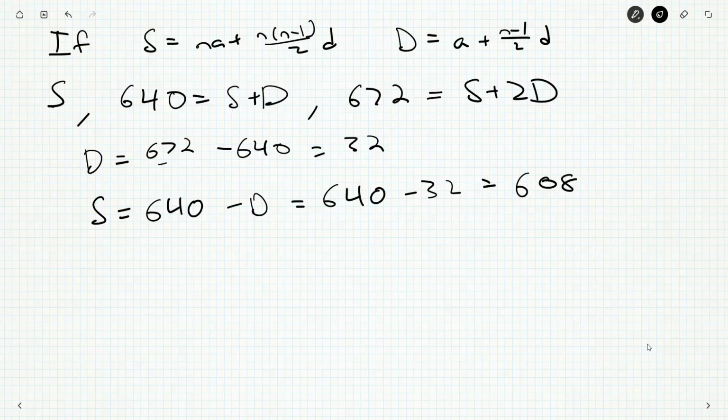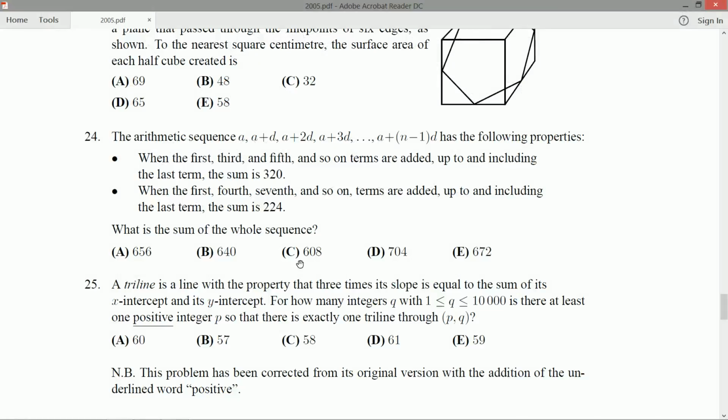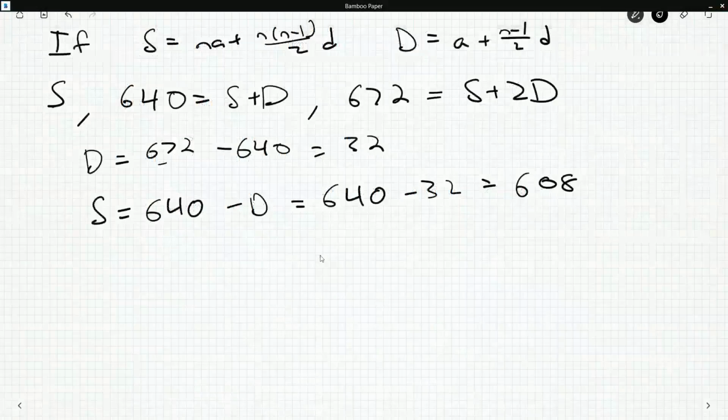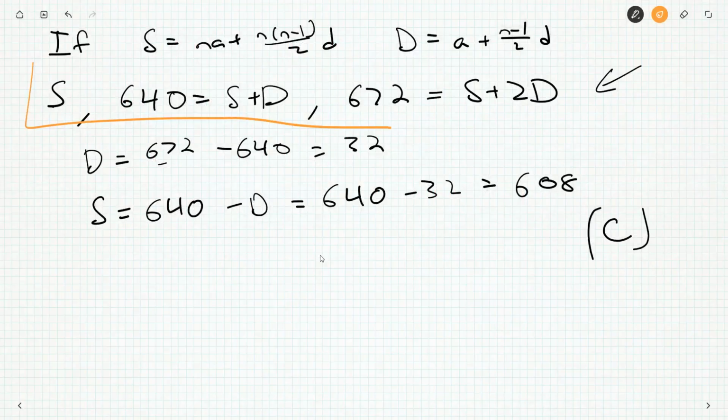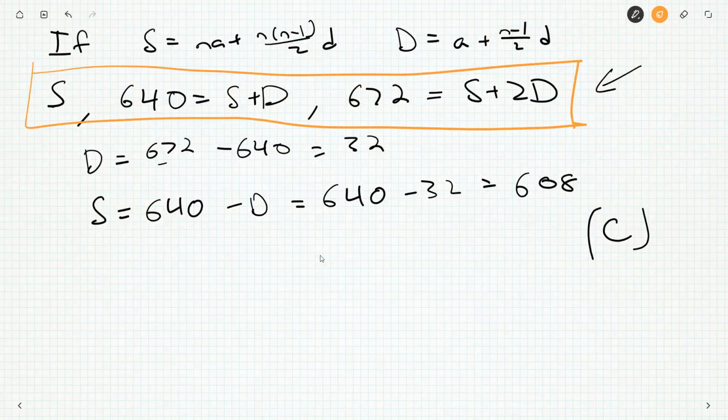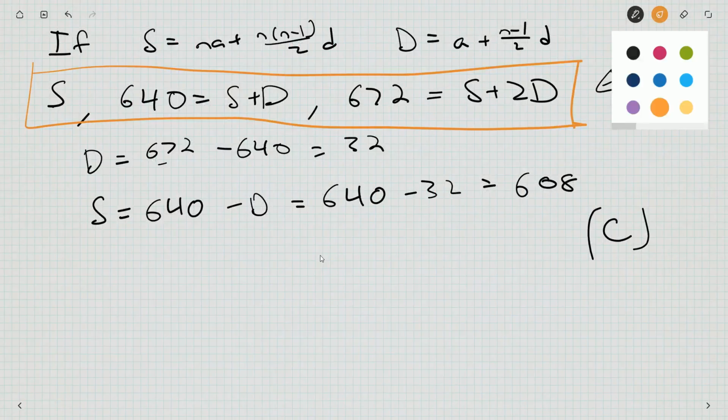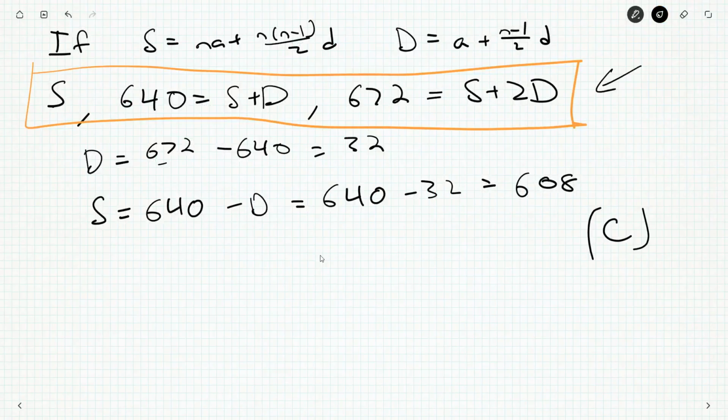Is 608 one of the answers? Yes, it is. It's right there in the middle, C. So it turned out there was a hidden arithmetic sequence here inside our arithmetic sequence. And that's not so bad. I actually liked the way that turned out.